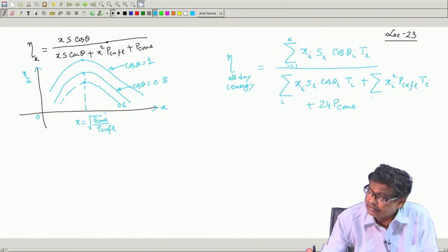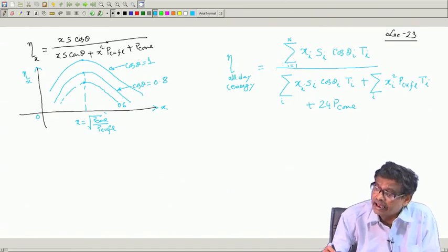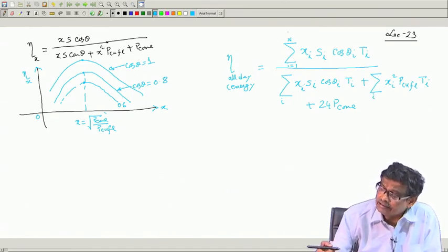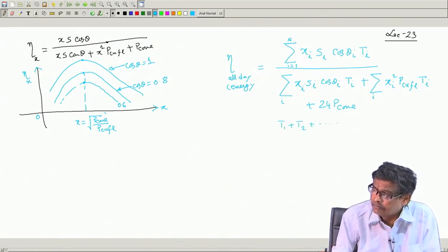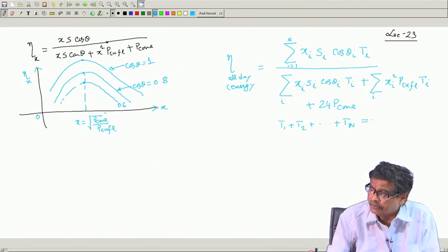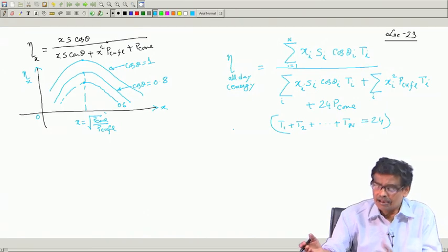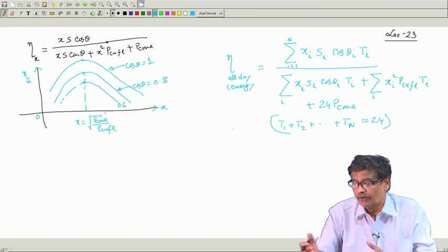This is summed over some n intervals such that T1 plus T2 plus dot dot dot plus Tn is equal to 24. Anyway, in a compact form it can be written.